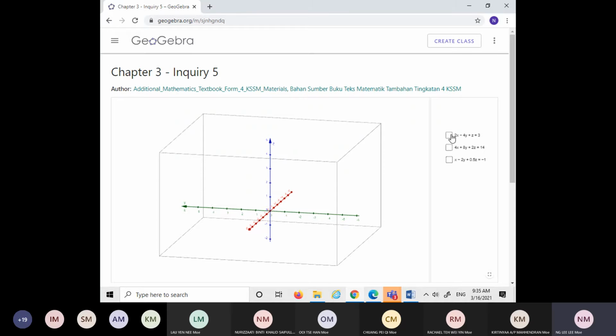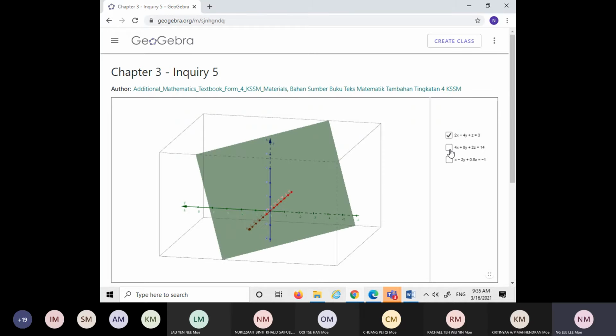So we call one by one. This is the first one. Second one. You can see for these two planes so far they intersect at this line, but when you call out the third plane, nothing. These three do not intersect at any point. I call out the third plane.